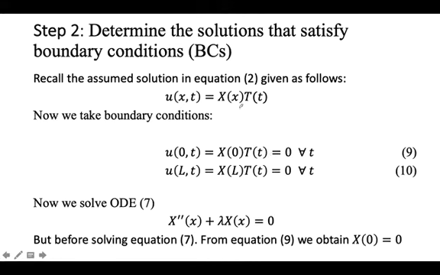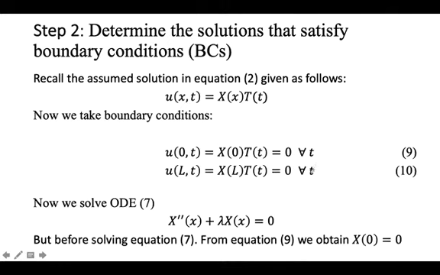So in the place of x, we insert 0 here, and also u(L,t) on the other side. If we place L as the value of x, then the temperature is 0 also for all t.